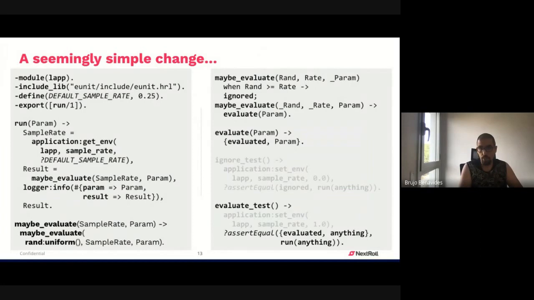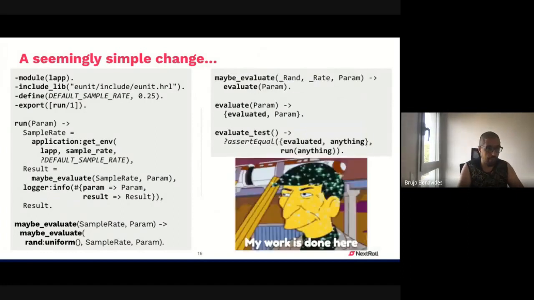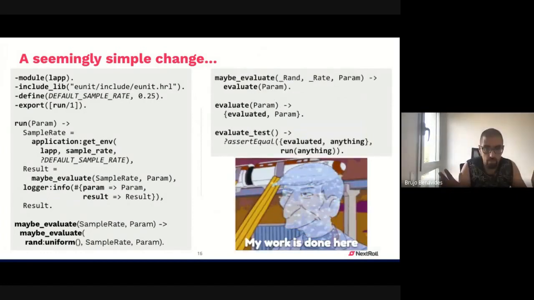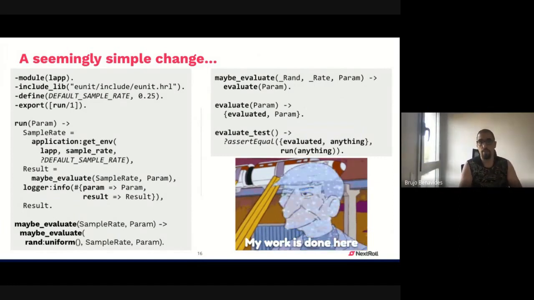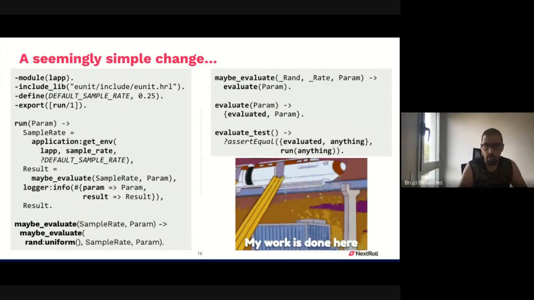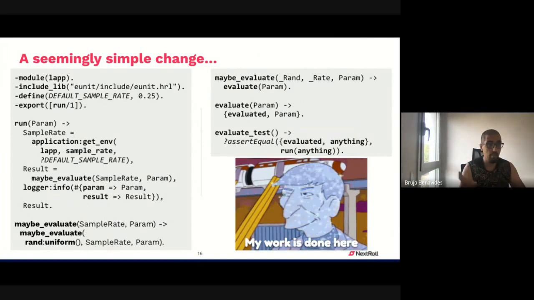And it fails because maybe evaluate has a clause that returns ignore. So we remove that clause. And removing the removed code from the screen, we get something like this. And done. The tests pass. It always evaluates. And you submit your pull request. Somebody says, yep, that makes sense to me. And that's the end of the work.